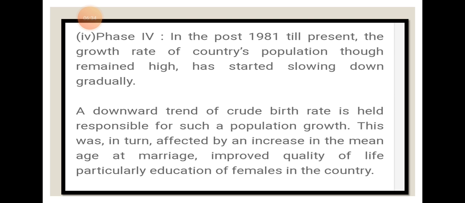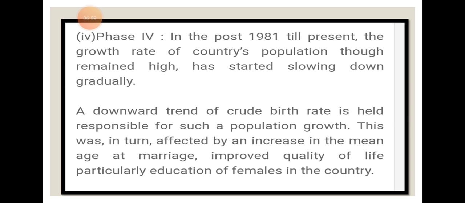Now the last phase, phase 4, from 1981 to the present, shows a declining population growth rate, a tendency for the population growth rate to gradually move down. A downward trend of the crude birth rate is held responsible for this.